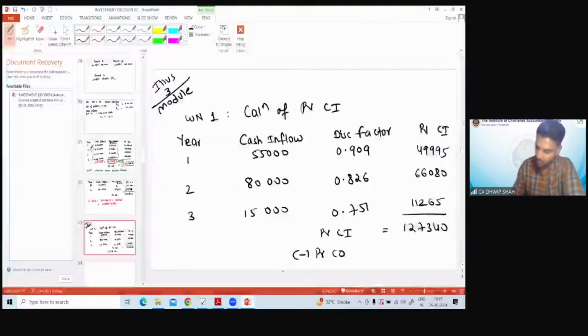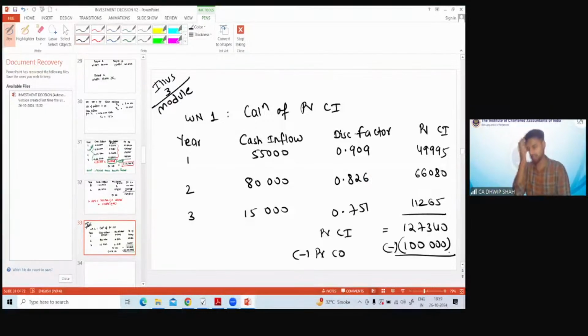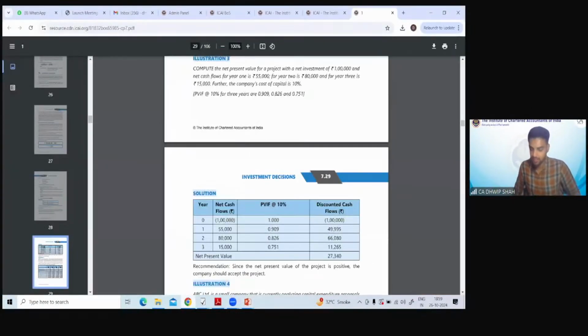Since it is the start of the project, the worth of 1 lakh at the start would be 1 lakh only. So my NPV is 27,340. Since NPV is positive, company should accept the project.